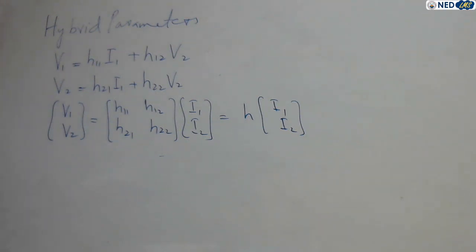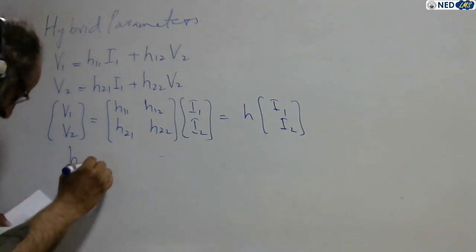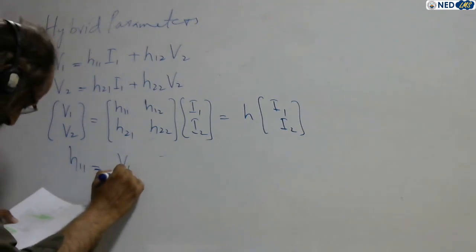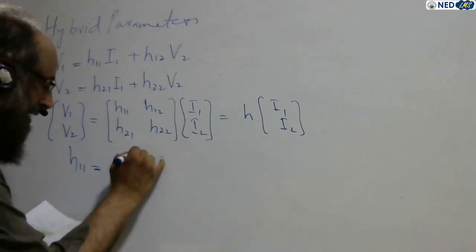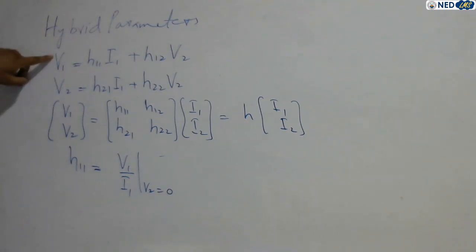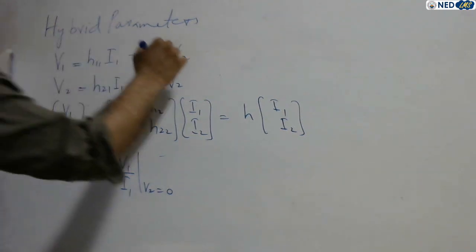Now start writing. H11, the first parameter, equals V1 over I1 with V2 equals 0. H11 is the ratio V1 over I1, found when V2 is 0.